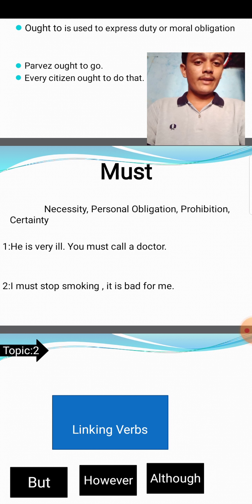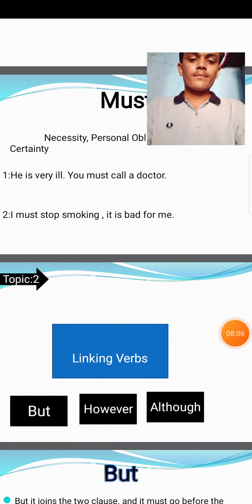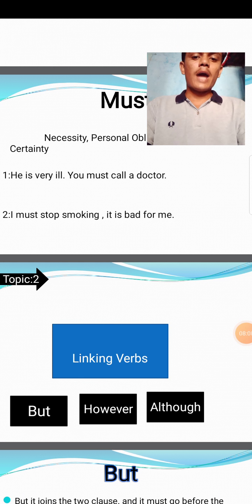This must shows necessity. This is an example of must. Second example: I must stop smoking.